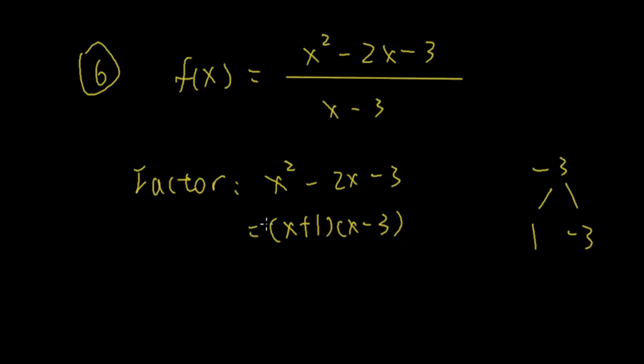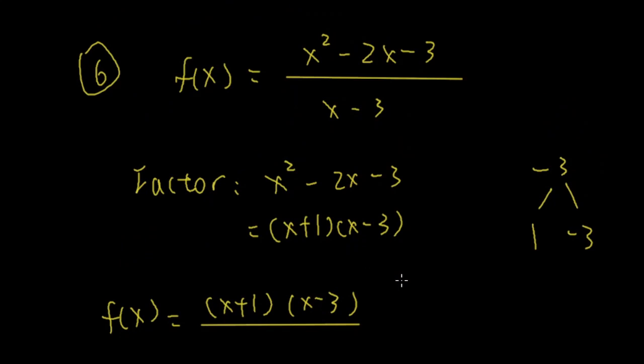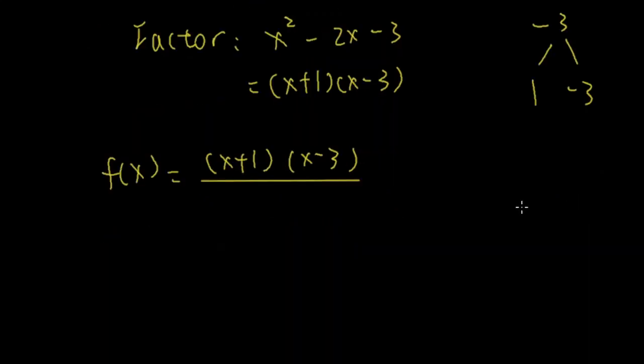Okay, we can rewrite this function. f of x equals x plus 1 times x minus 3 divided by x minus 3. Can you cancel anything out?